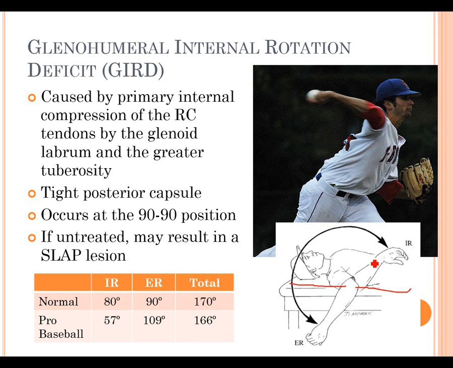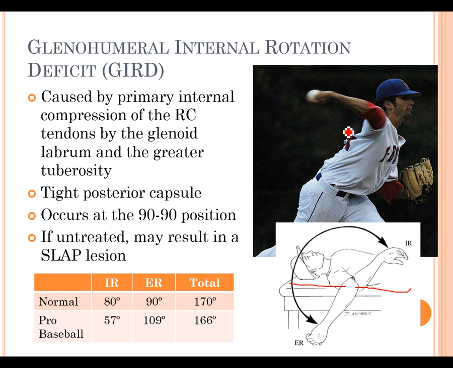This internal rotation deficit happens over time because in order to get a fast pitch, you do a lot more external rotation. The further back you can cock the ball, the more time you have to throw it, the more force you can put on the ball. So these pitchers over time develop a lot of external rotation.